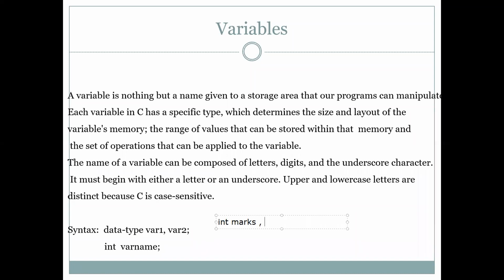Marks, comma, again same roll number. Okay, so on a single line, you can declare multiple variables of the same type. Okay, so integer is a data type, marks is the first variable, then use the comma operator and then write the second variable name. And every statement in C++ ends with a semicolon. So this semicolon is important, right?